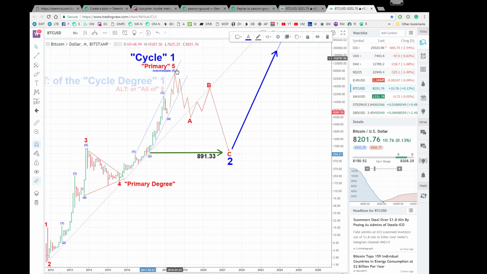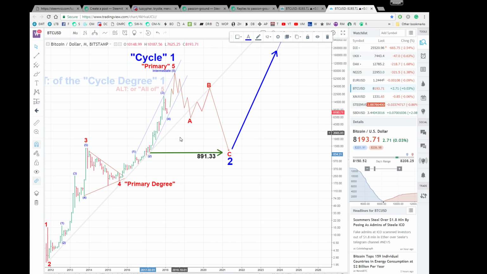This is pretty much the most bullish scenario I could think of, and it takes the price up close to $70,000, which is totally out of this world.